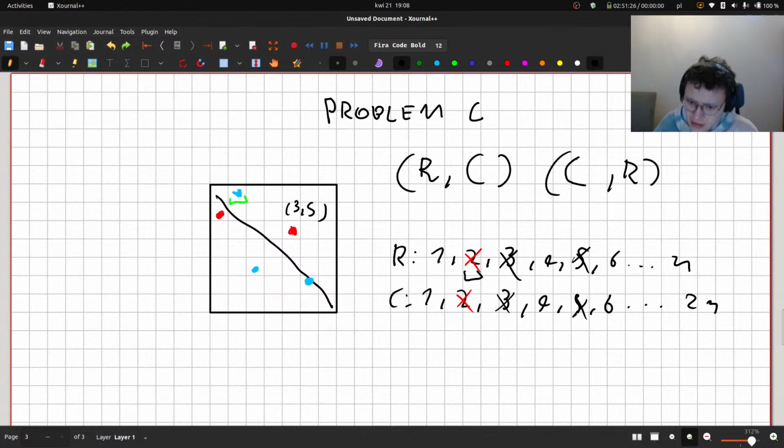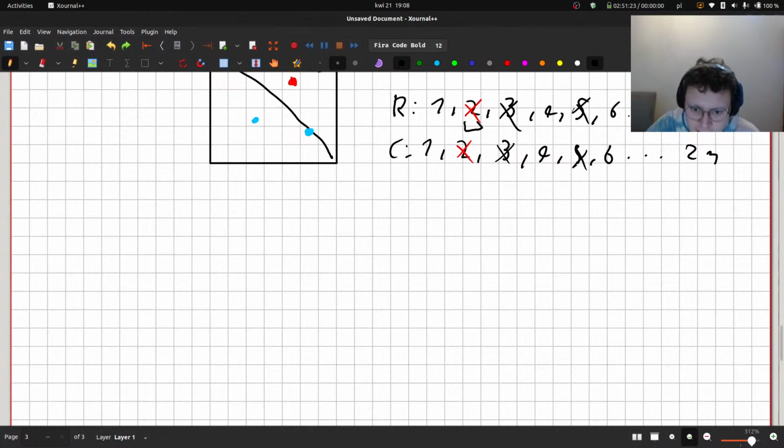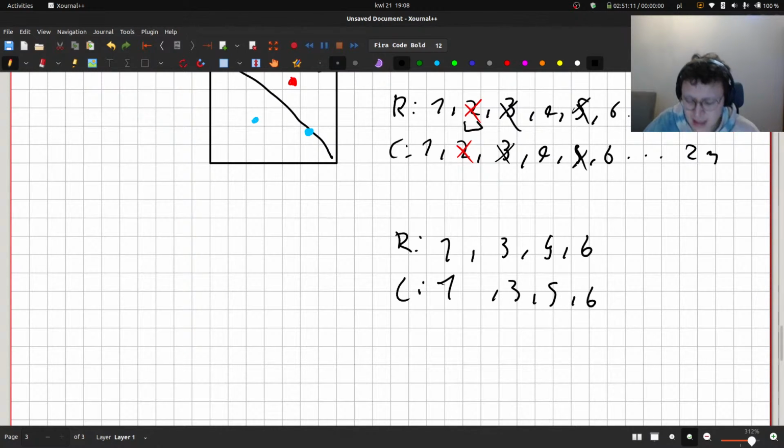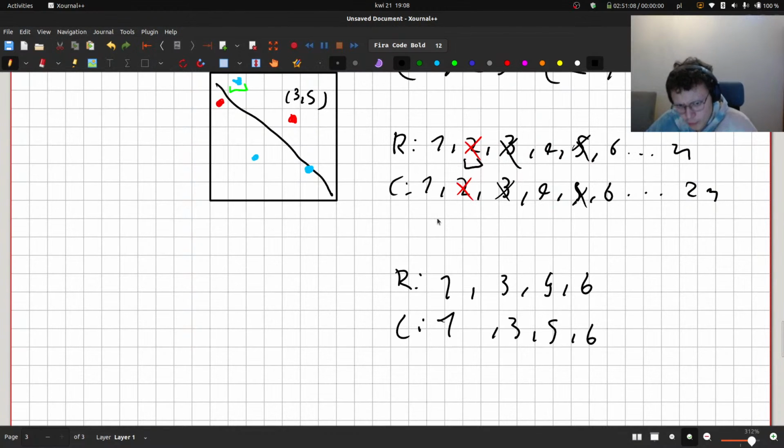So basically what we are left with are some available rows, let's say 1, 3, 5, 6, and the available columns are the same, right? So it will also be 1, 3, 5, and 6. Knowing what the move does, the moves now delete some values: we can delete one value, or we can delete 2 values with the same move, right?